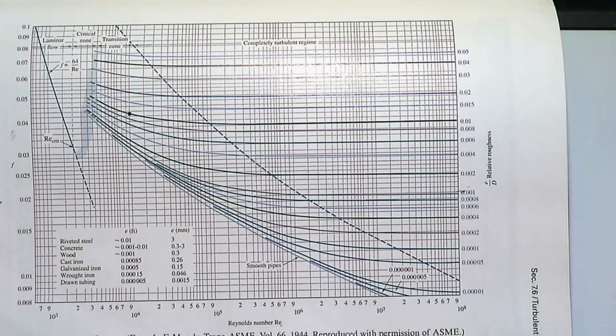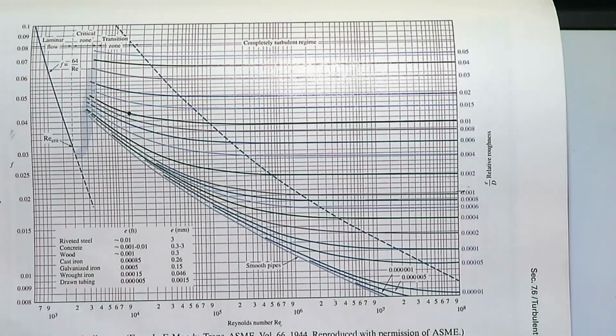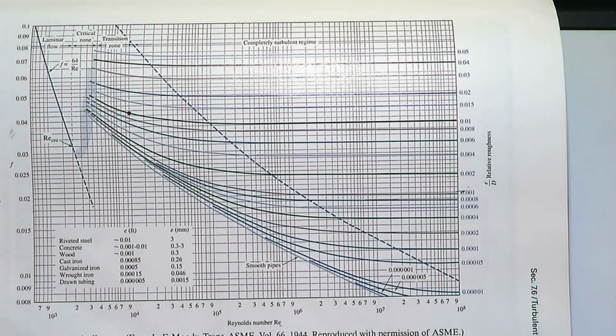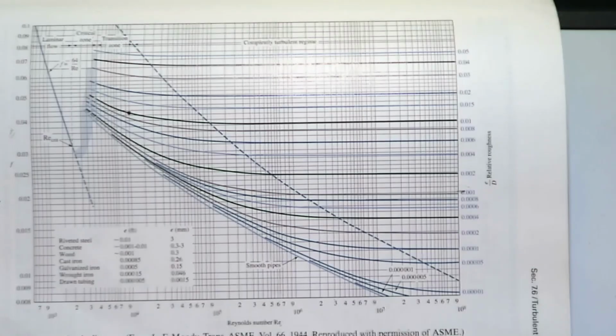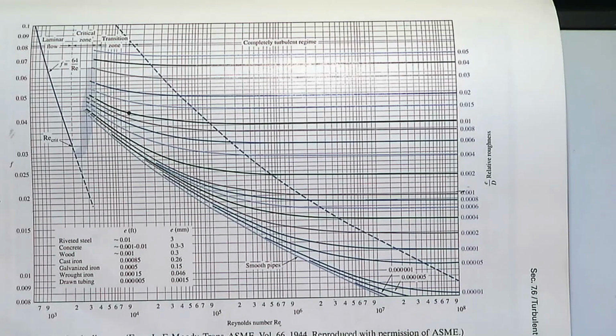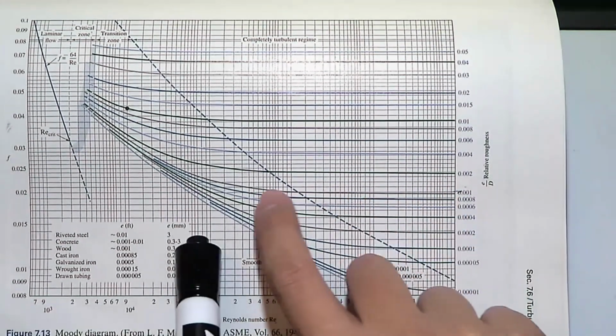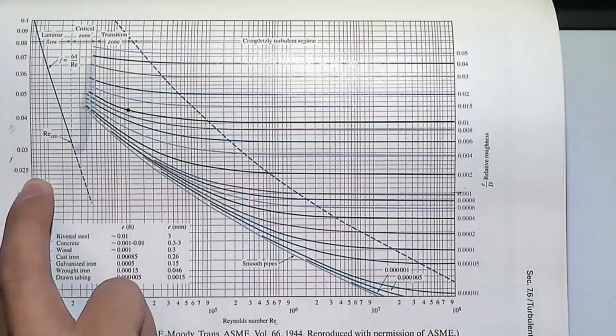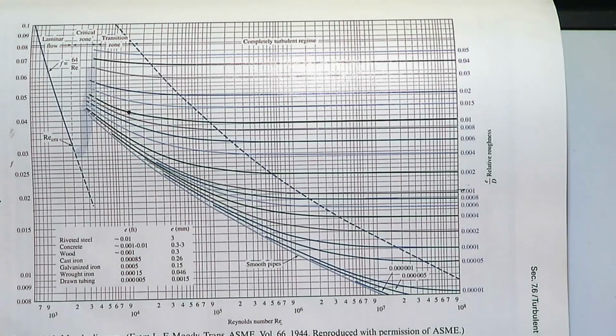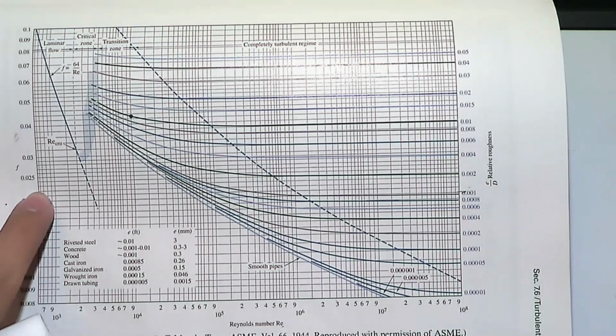I know it's kind of hard to see with my fat fingers, but once you have your pens and your pencils, you can try to fine-tune it in order to get an appropriate friction factor. The friction factor that I got by estimating from here, finding the intersection point, and then a straight shot to the left, was about 0.023. So 0.023, somewhere around here, okay? That was the friction factor.